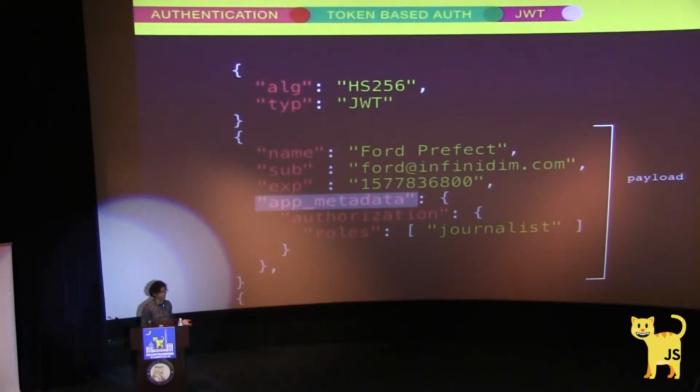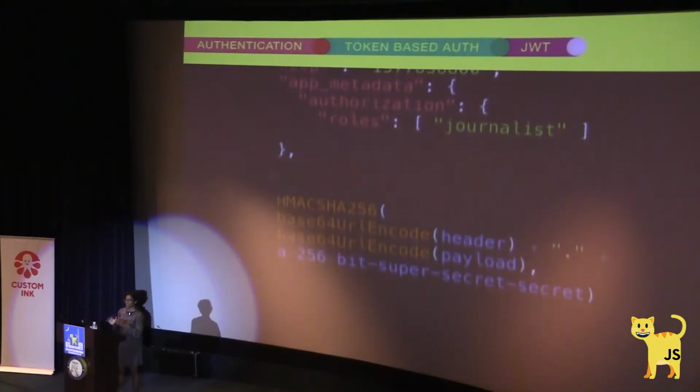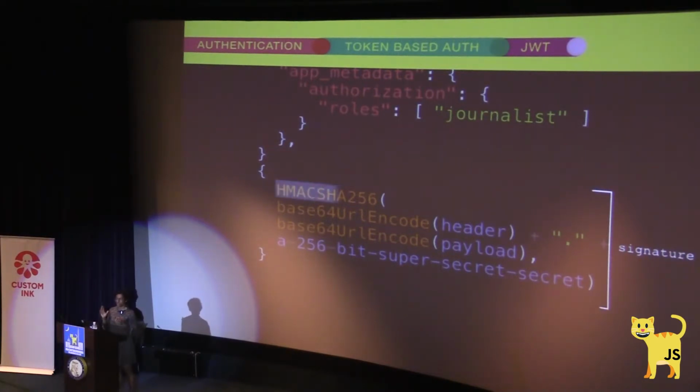So there's added metadata, in which I can pass roles. And this talks back to that previous point, which was about authorization. So JWTs are really nice because I can use them to set specific permissions for a user. So in this case, Ford Prefect is a journalist of some form. I think he is, I don't know. He writes for the guide, it's a very long story.